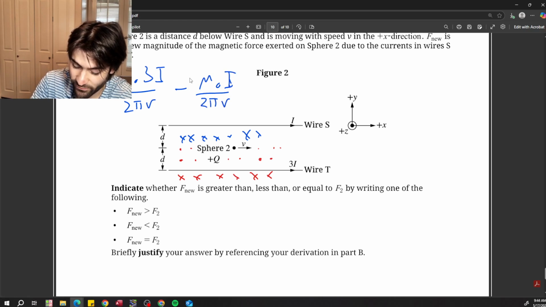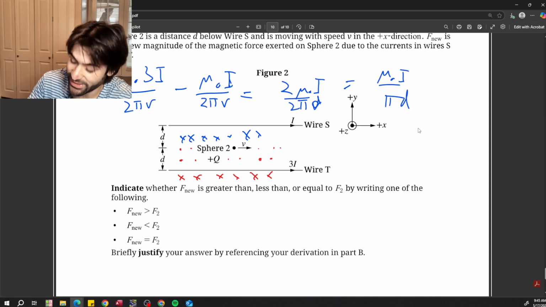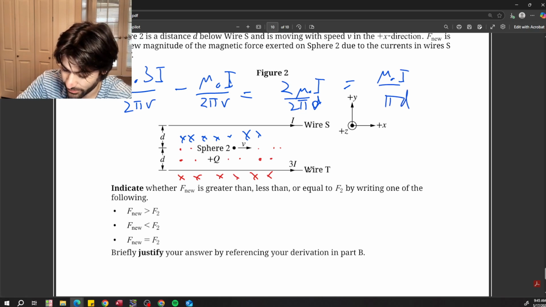They're subtracting, and one of them is 3 times stronger. That leads to us having 2 mu naught I over 2 pi d, which is mu naught I over pi d. So we actually get the same magnitude as last time.